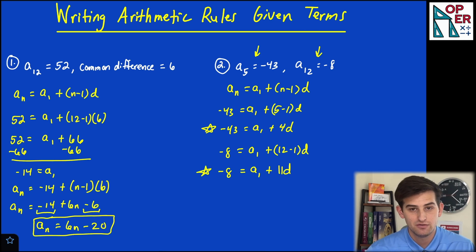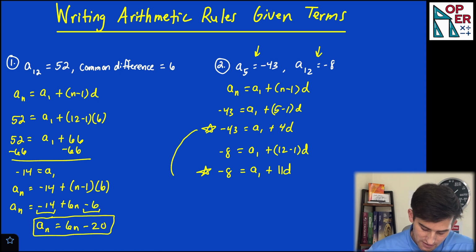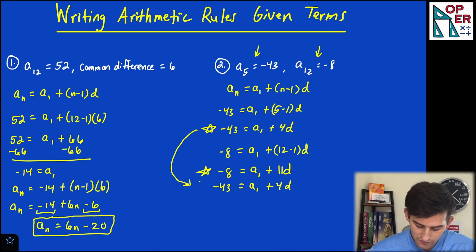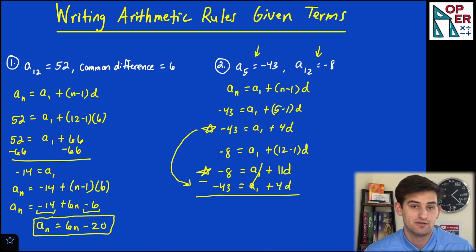Now notice we have two equations with the same two variables, and we can set this up like a system of equations, use elimination, and solve. I'm going to write the first equation right below: negative 43 equals a sub 1 plus 4d. Notice the a sub 1 terms are vertically aligned, so if I subtract these two equations, the a sub 1s cancel out.